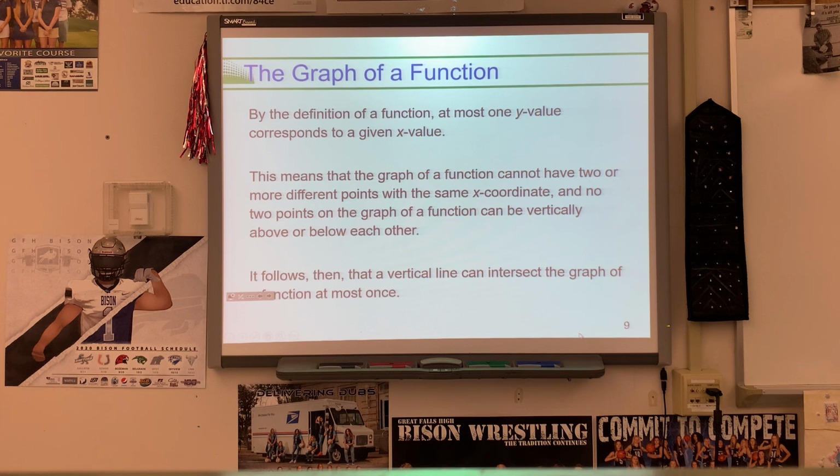Okay, so this is leading us into the vertical line test. Remember again, the definition of a function is that for every single x, there is exactly one y. So what would violate that? What would violate that would be where there's an x that has more than one y.